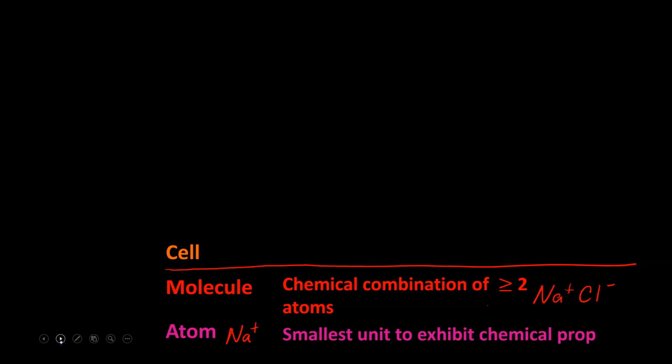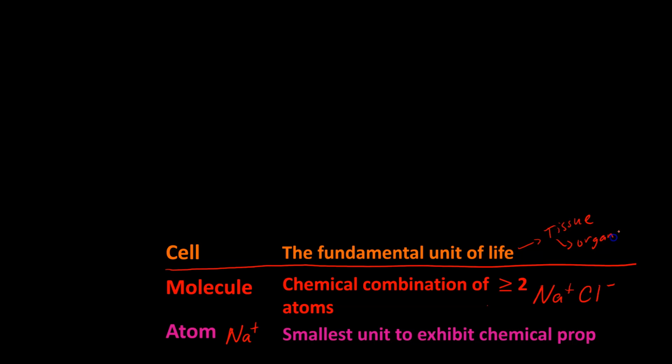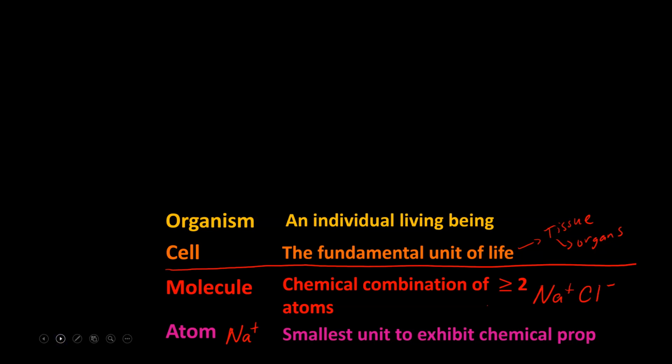All right, so it is, of course, the cell, which is the fundamental unit of life. Then when we get a bunch of cells together, we're going to have tissue, and then organs and organ systems, all the way to an organism, which is an overall individual living being, and then into what we're talking about today, which is a population.